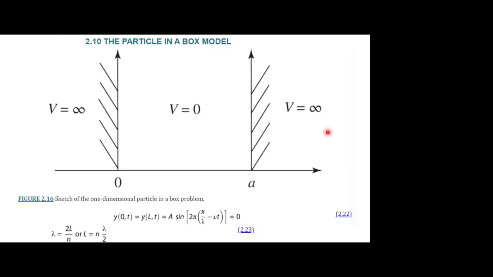So if we sketch a one-dimensional particle in a box, it would end up with these as our variables. And when we get beyond these limits of the box, what we would have is an infinite amount of resistance.